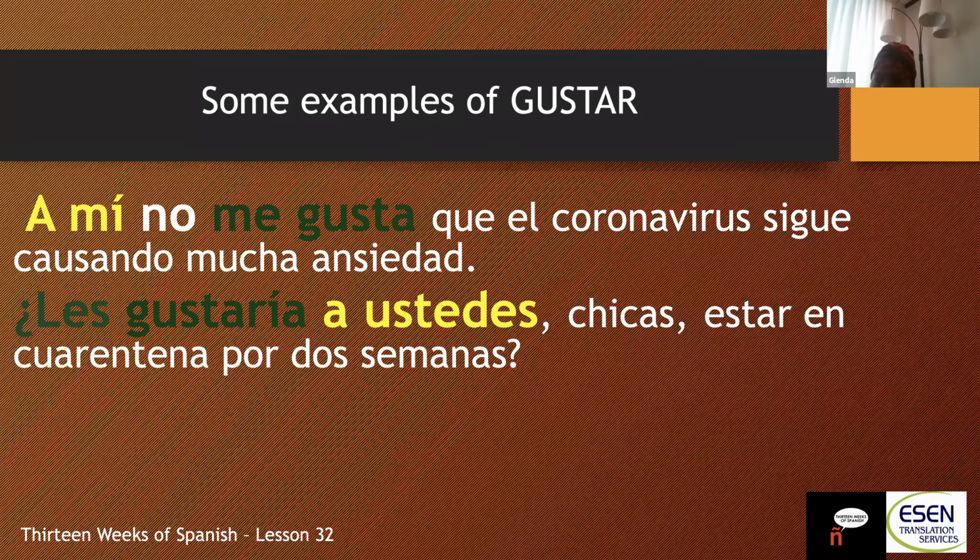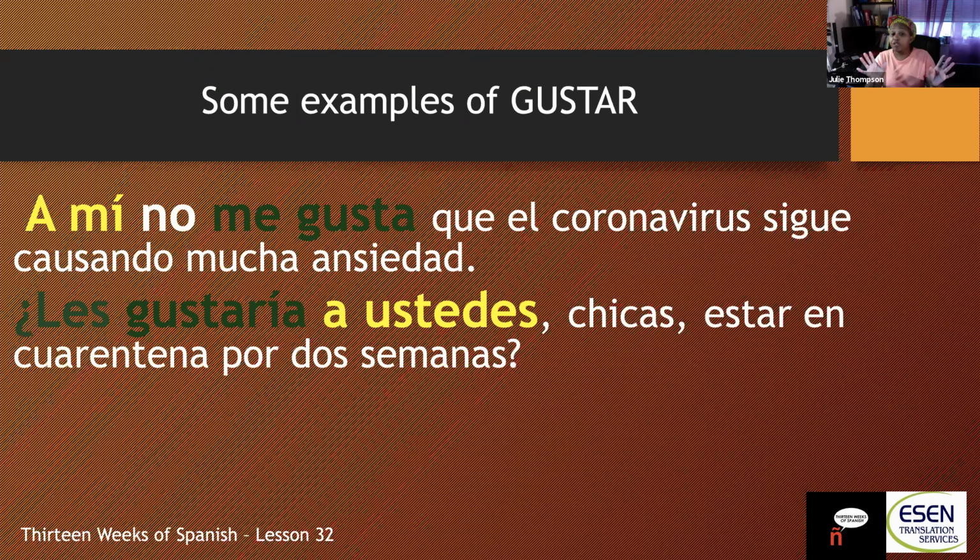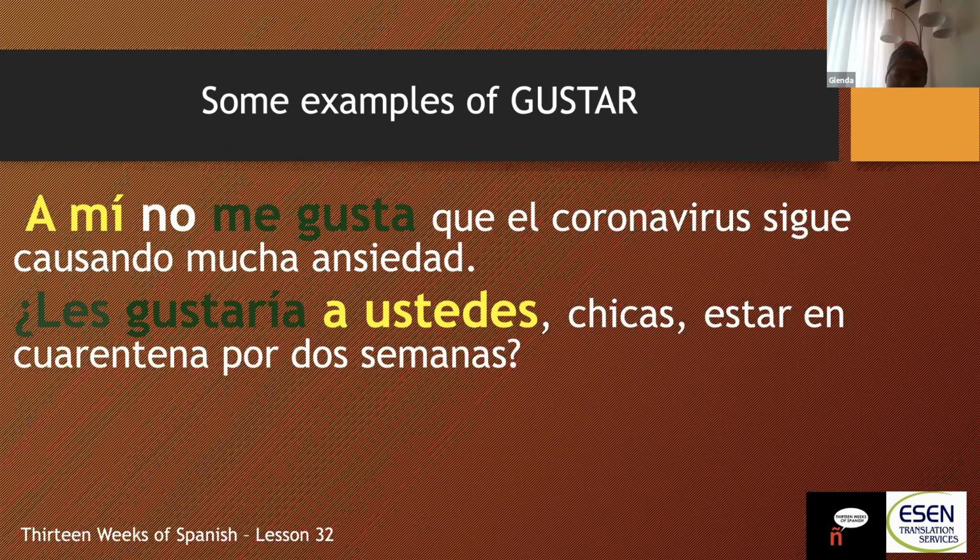Les and a ustedes, they're both plural. And when we say les, we're talking about something that has no control over the verb. When we say a ustedes, no control over the verb, because those are objects. Chicas is also plural, no control over the verb.